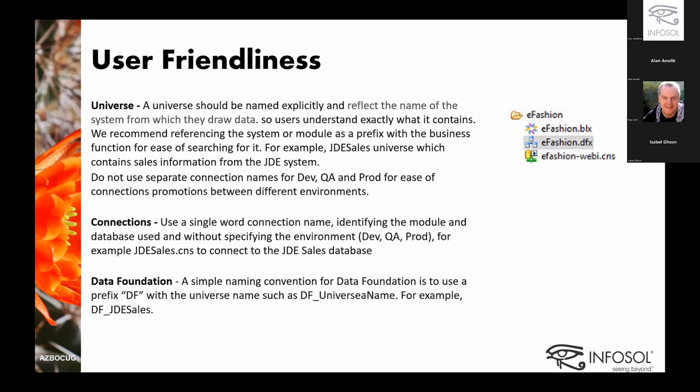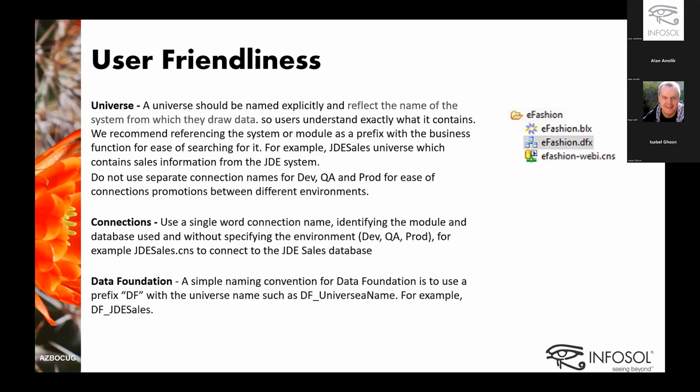So the first thing we'll do is go through some standard naming conventions and best practices. For a universe, I typically like to use the system and then the name of the universe. For example, if you were using a JD Edwards system, a good name for a universe would be JDE and then sales.